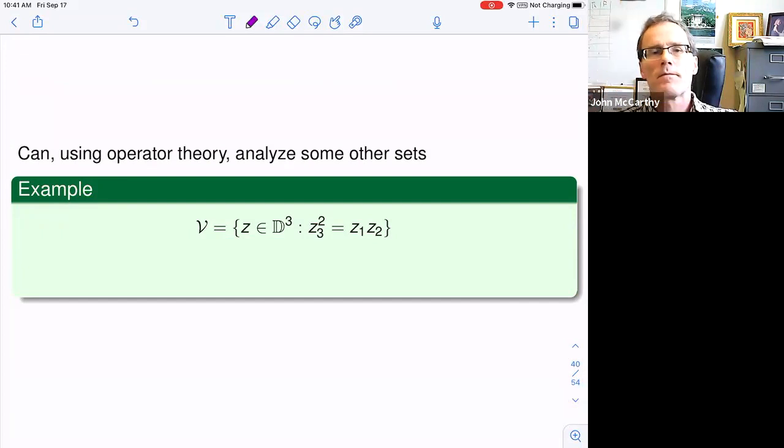For example, here's a two-dimensional set in C^3. I take the set of points in the tri-disk that satisfy Z3 squared is Z1 times Z2.